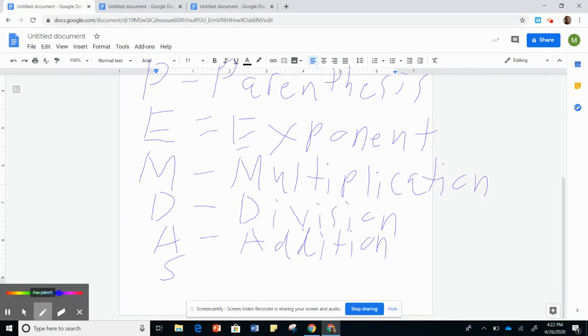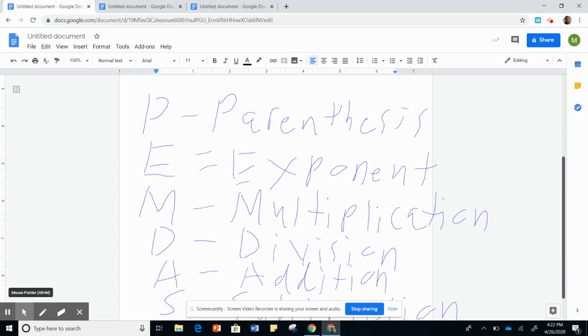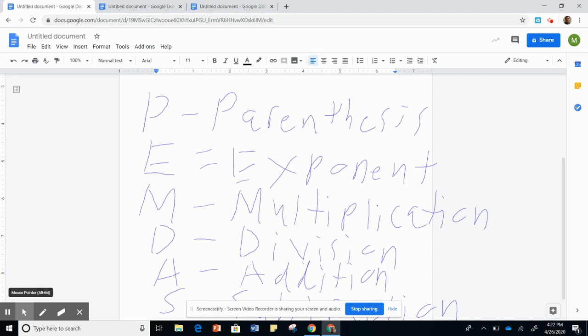And the S stands for subtraction. Okay, so this whole acronym is called PEMDAS. And so we're going to do a few problems now to show you how this works. And then you can get some practice on this with the worksheet that I will upload to Google Classroom.